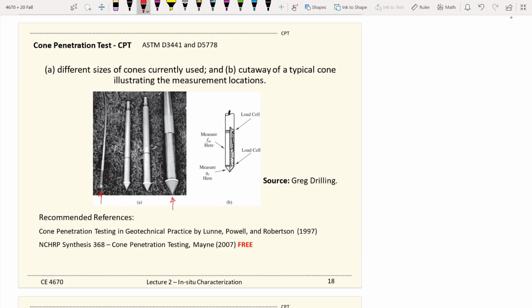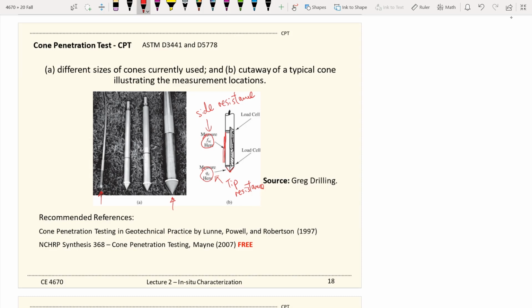You measure the tip resistance at this point, which directly correlates with the stiffness of the ground, and at the side you can also measure the side friction. The symbol for the tip resistance is typically q sub c, and f sub s is the side friction.